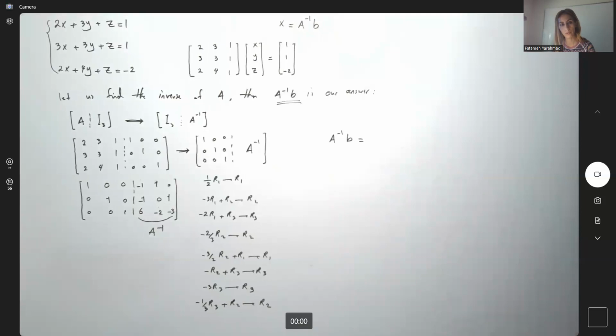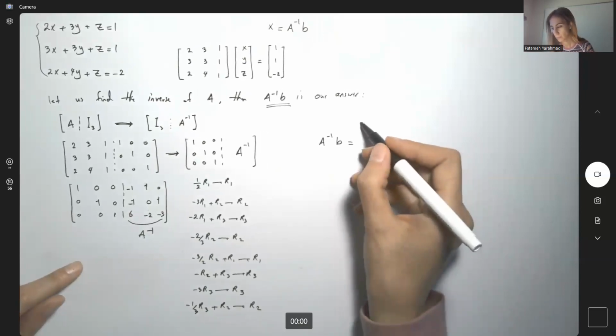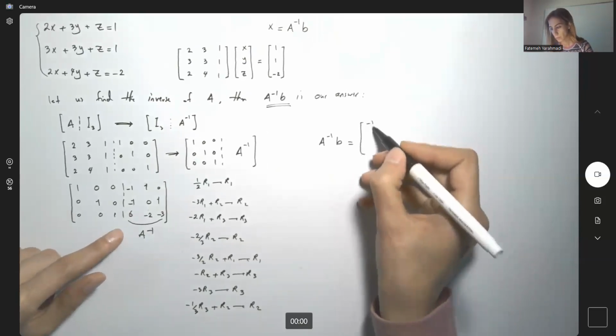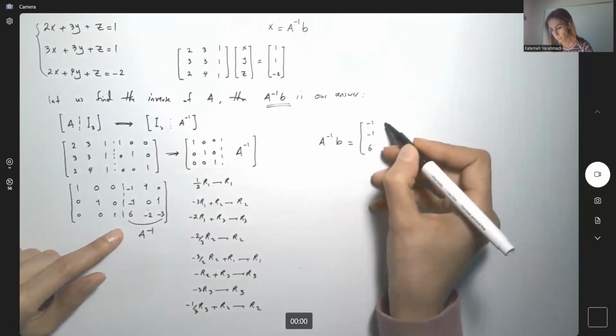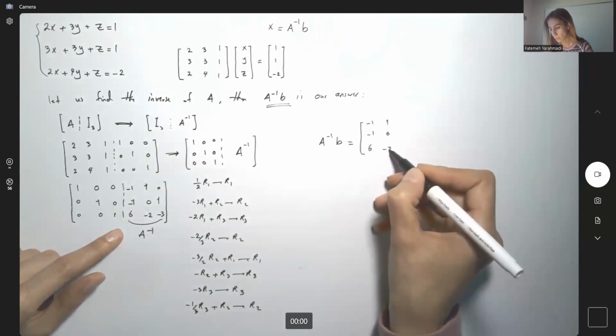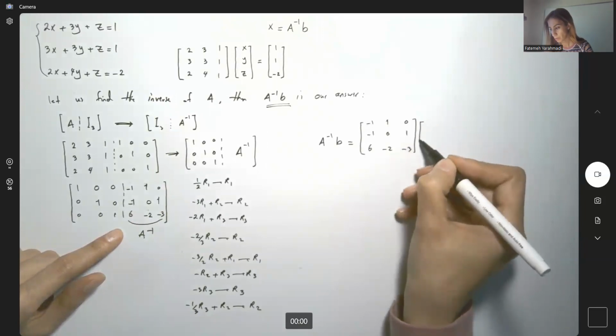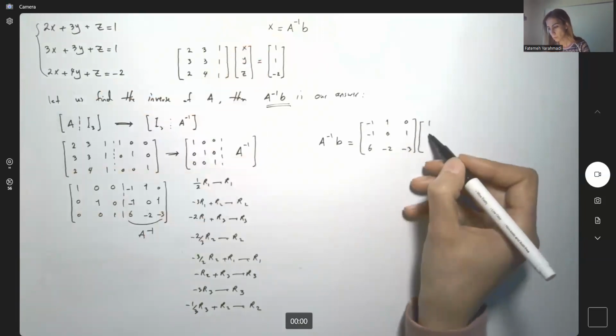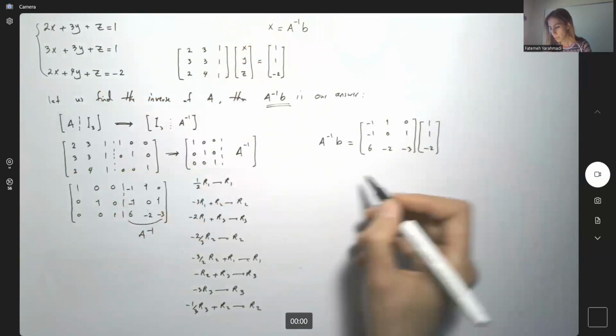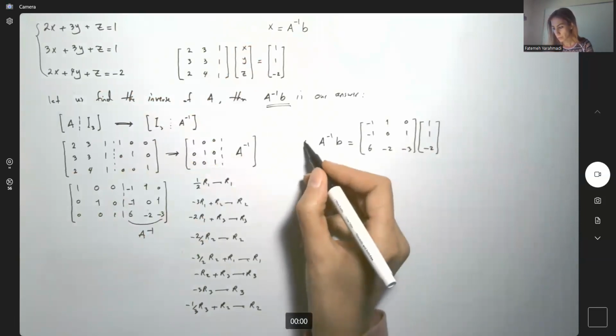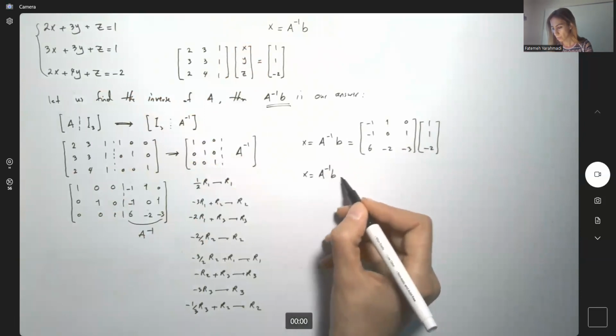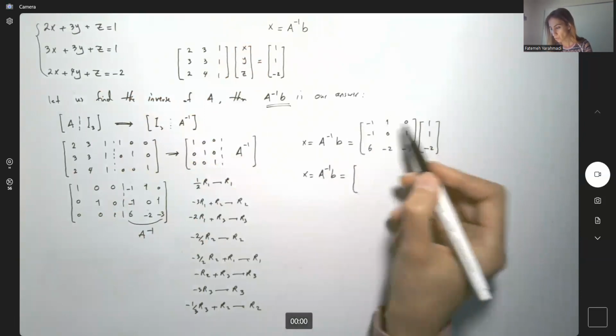This is equal to negative 1, negative 1, 6, 1, 0, negative 2, 0, 1, negative 3 times the constant column, 1, 1, negative 2, and the answer is equal to the first row multiplied.